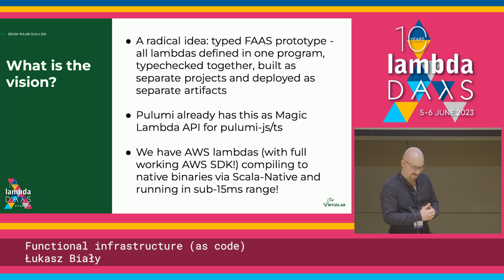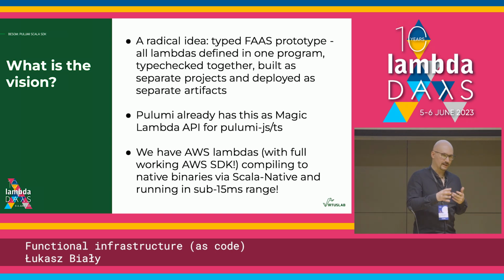We also have a prototype that we are very happy about, which is a quite radical idea. We want to put lambdas into infrastructure programs. We want to put definitions, kind of like Spark.